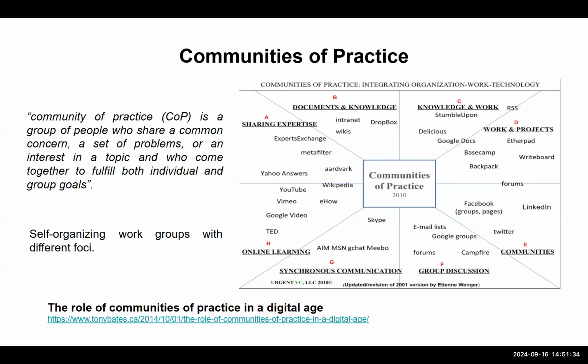So a community of practice is a group of people who share a common concern, a set of problems, or an interest in a topic, and who come together to fulfill both individual and group goals. Basically, this allows you to target these different communities and say, we have this great product, come join our community.